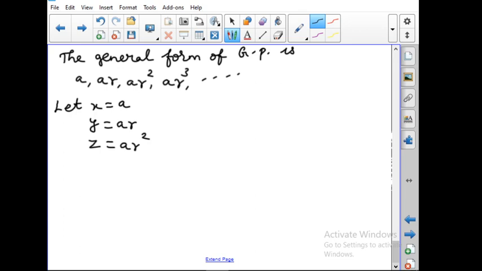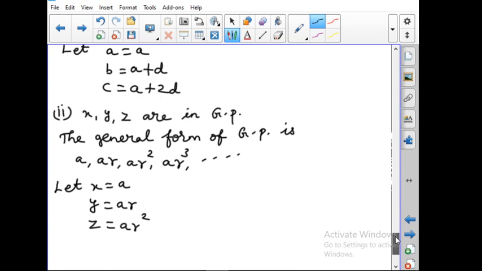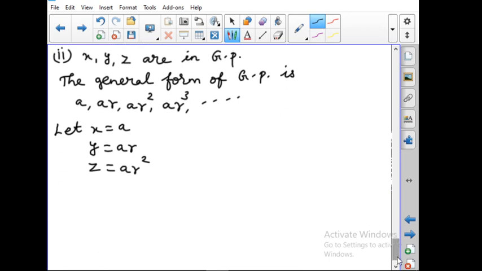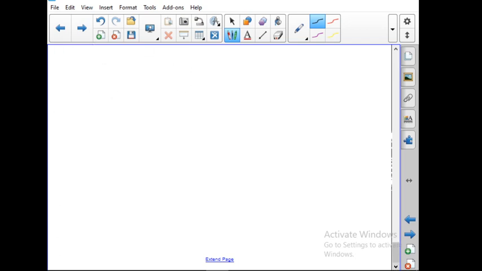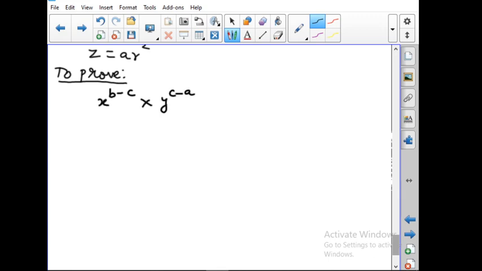From the first given, we assume A, B, C. From the second given, we assume X equal to A, Y equal to AR and Z equal to AR square. They asked us to prove X power B minus C into Y power C minus A into Z power A minus B equal to 1.